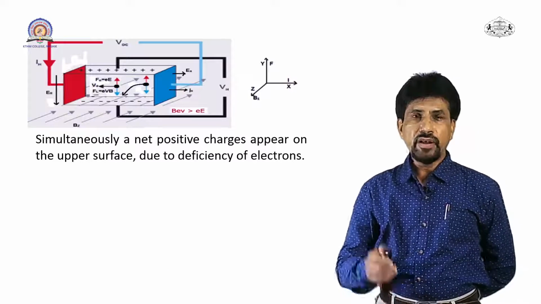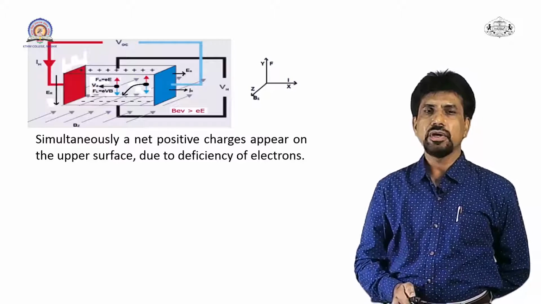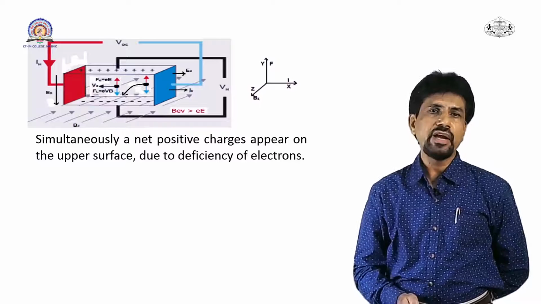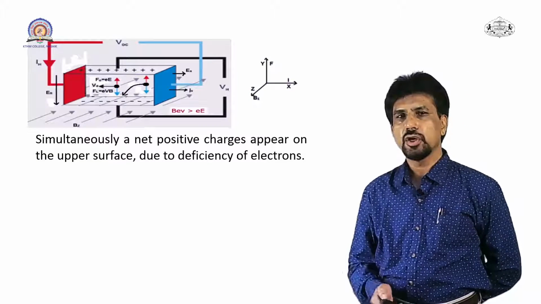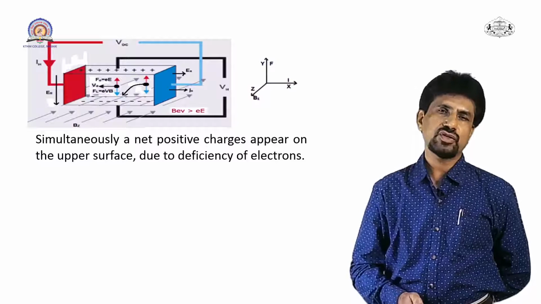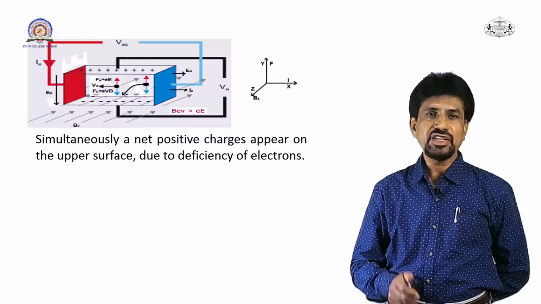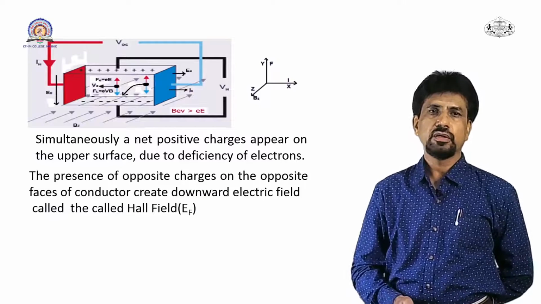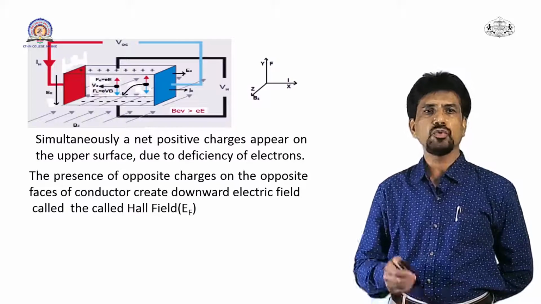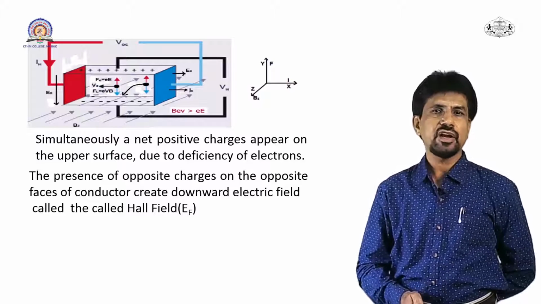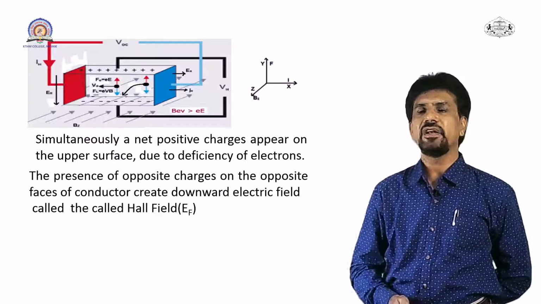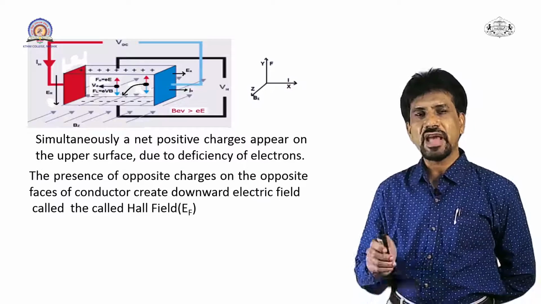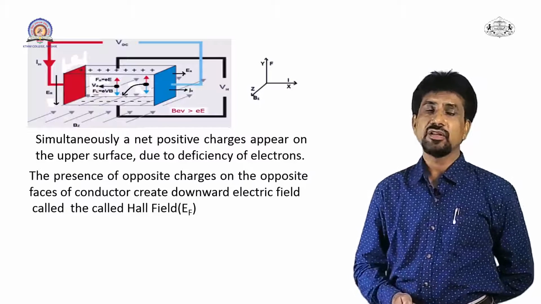Now when the electrons are deflected in the downward direction, simultaneously a net positive charge will appear on the upper surface of the conductor. It is due to the deficiency of the electrons. The presence of the opposite charges on the opposite faces of the conductor creates an electric field, and the direction of the electric field is in the downward direction, and that field is known as the Hall field.